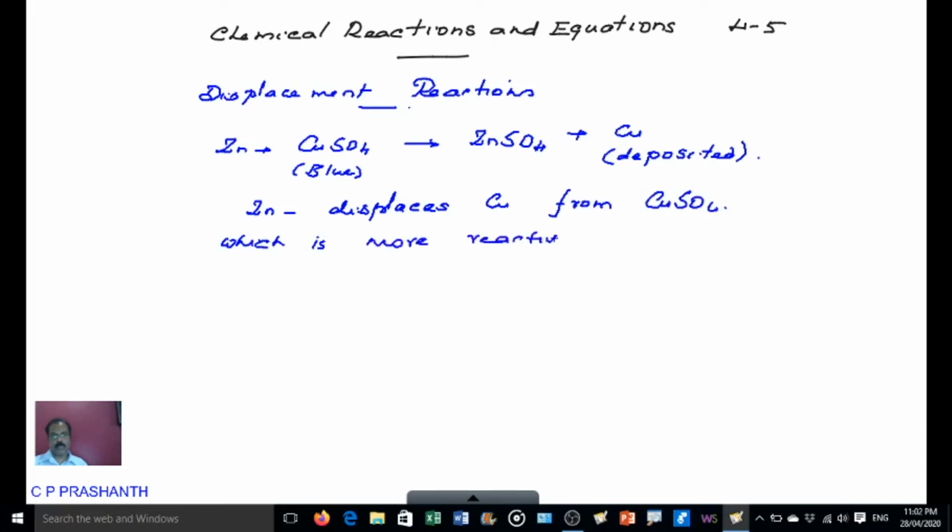So out of copper and zinc, which is more reactive? It is zinc, because zinc is able to displace copper from copper sulfate. So zinc is more reactive. What would have happened if we do the reverse way? We put copper in zinc sulfate.